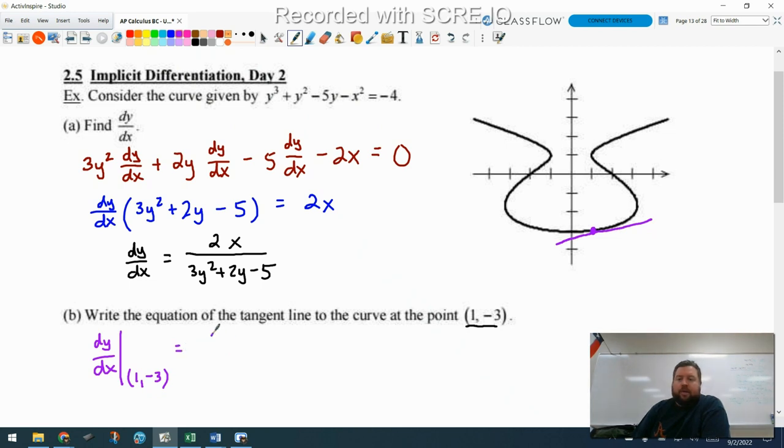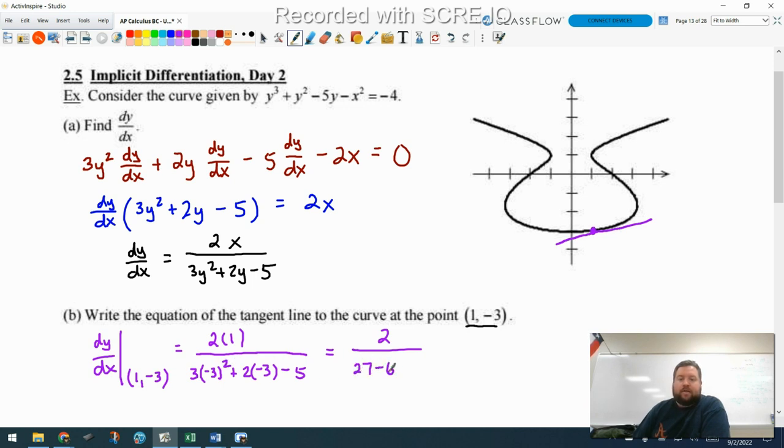So that is going to be 2 times 1 on top over 3 times negative 3 squared plus 2 times negative 3 minus 5. That gives me a 2 on top. Negative 3 squared is 9, times 3 is 27. 2 times negative 3 is minus 6, and then minus 5.